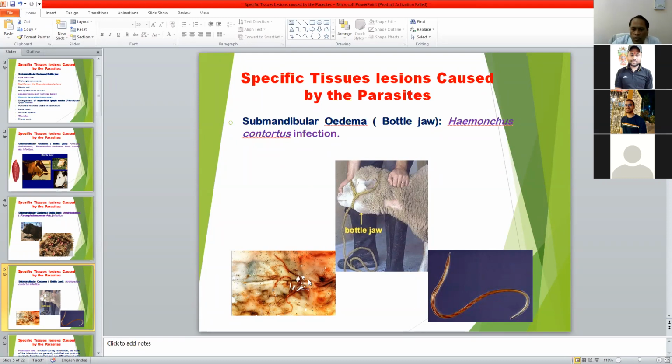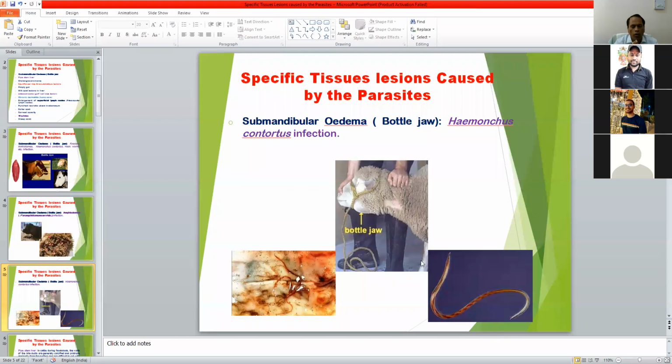So this also leads to hypoproteinemia in sheep, goat and cow, causing bottle jaw. Another parasite that causes bottle jaw is hookworm. The anterior shape of hookworm is a hook-like structure, so it is known as hookworm. In hookworm also hypoproteinemia occurs and causes bottle jaw.